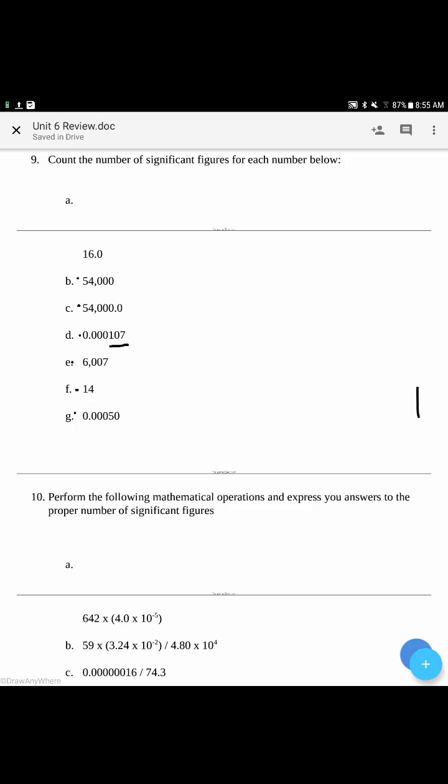If there is 1 or more zeros in between 2 non-zero numbers, it is automatically significant all of the time, 100%, no exceptions. Okay, same with these 2 here. Even if there's 2 of them, they are trapped in between 2 non-zero numbers, so they are significant. Now there's no exceptions to that one, so that's good.